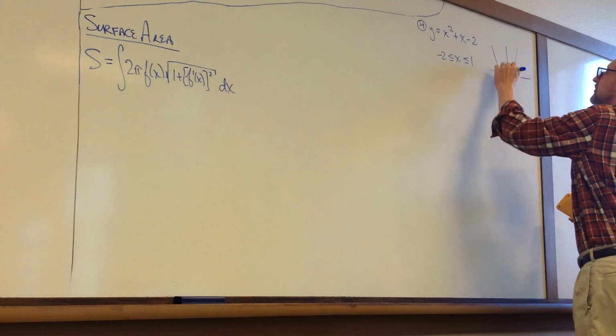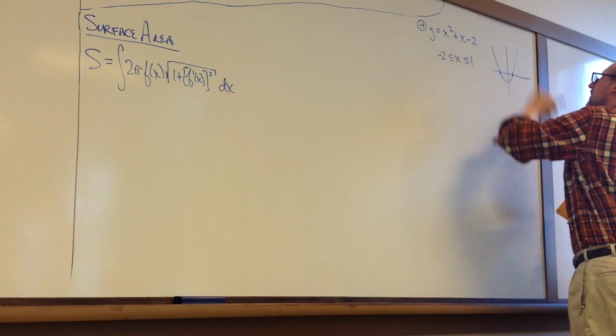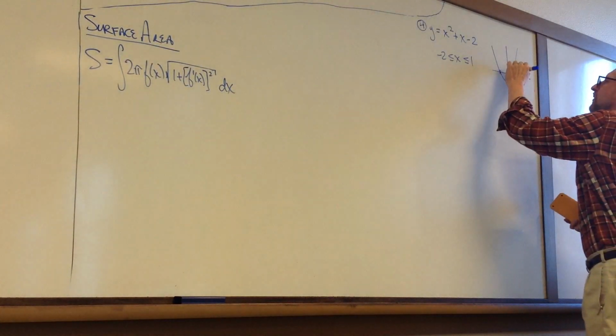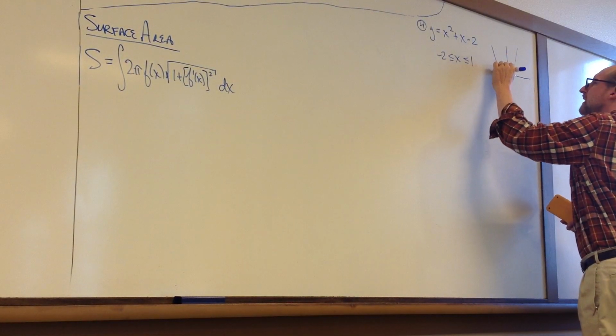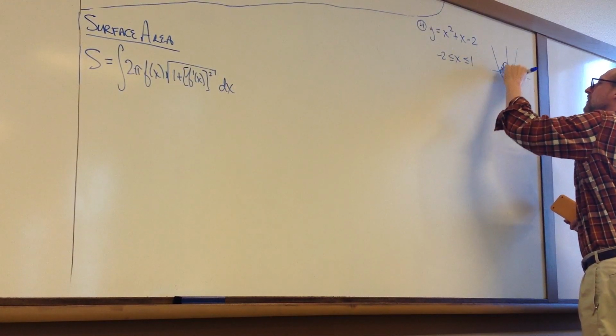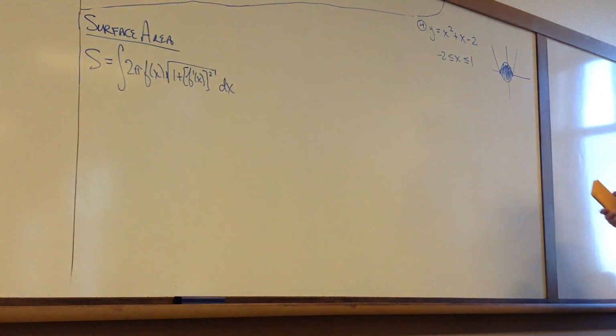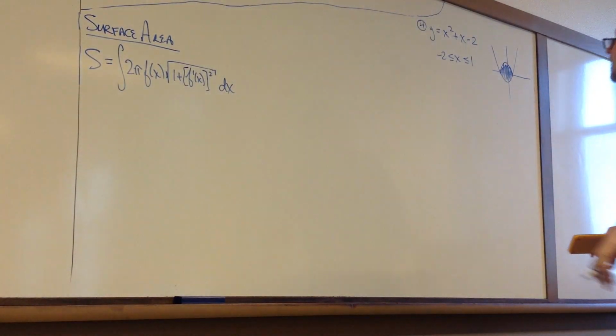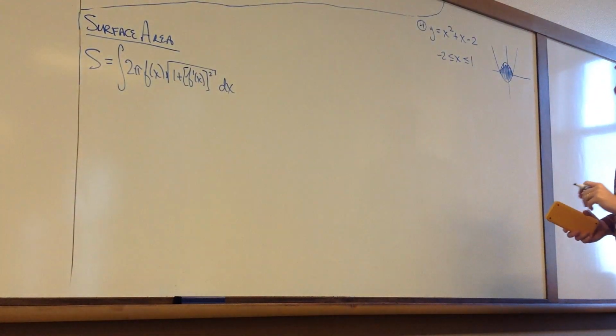There's the roots right there, that's why I chose those. Then we're going to rotate this around the x-axis, and it's going to make a sort of Christmas ornament ball-shaped thing that looks like that, and we want to find its surface area.